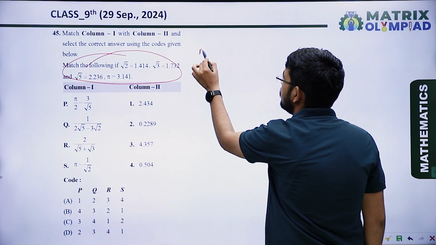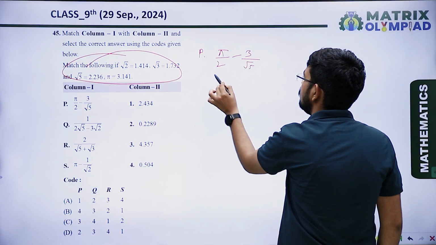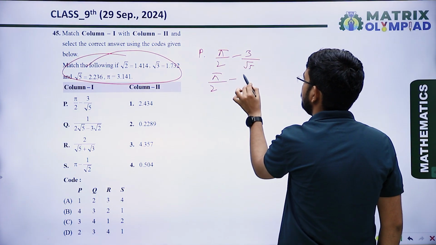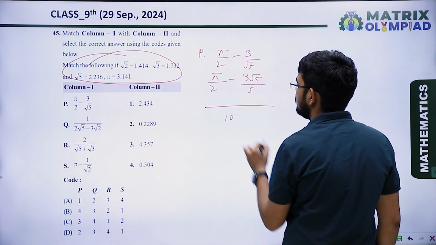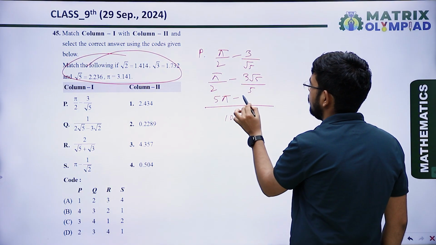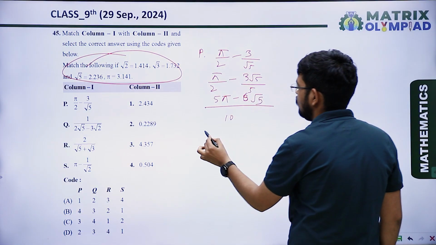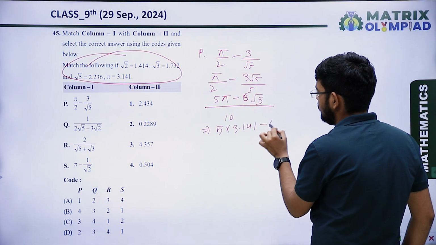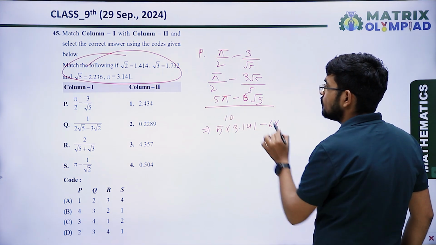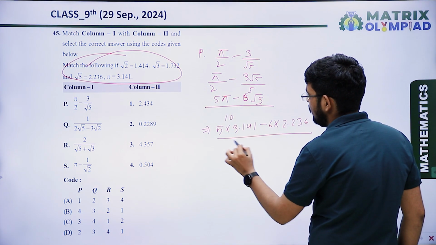So P, pi by 2 minus 3 upon root 5. After simplification, it will be 3 root 5 upon 5. Take the LCM, which is 10. It will be (5 pi minus 6 root 5) upon 10. So 5 into 3.141 minus 6 into root 5, which is 2.236, upon 10.